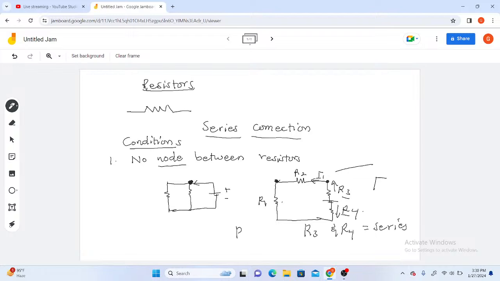Likewise, R1 and R2 are in series. So this is a slide representation of series connection of circuits. Now, let's go to parallel connection of electrical circuits.